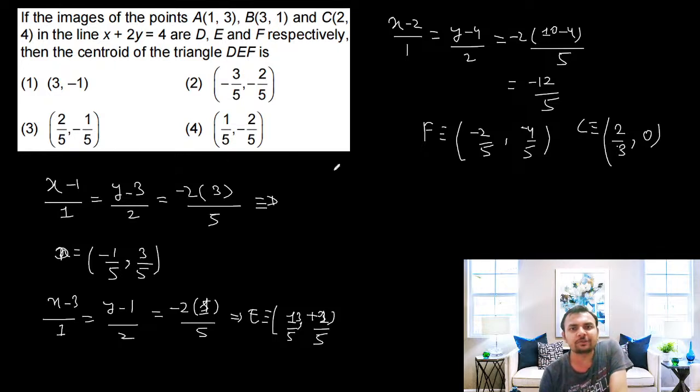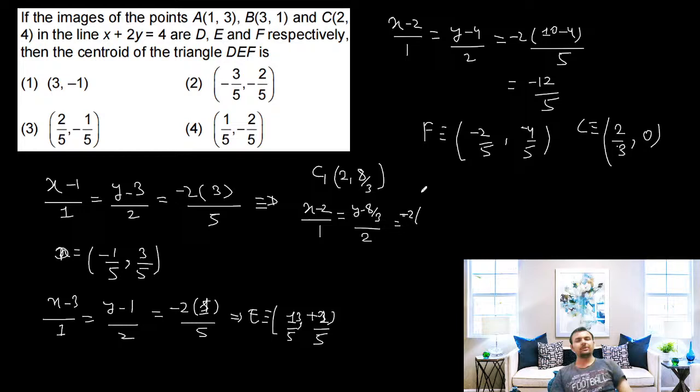Once we try with the centroid, if C1 is centroid, 3 plus 4, 6, 3 plus 1, 4, 4 plus 4, 8, 8 by 3. If we try to find image of this, x is 2, 16, 2 minus 4, minus 2, 16 by 3, 10 by 3, 10 by 15.